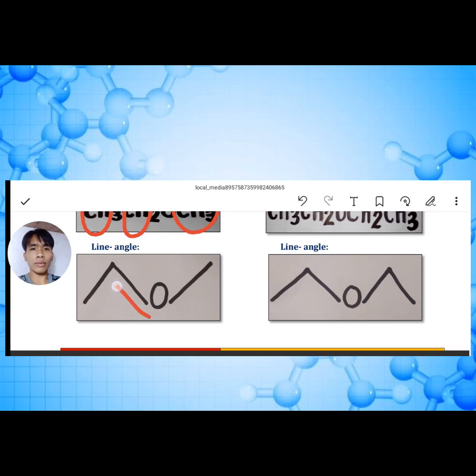This is what we call the first carbon, and the last one is 2, and the other one is the third carbon. So that's the process of making a line angle formula of the ethers, and it is the same way for other organic compounds.